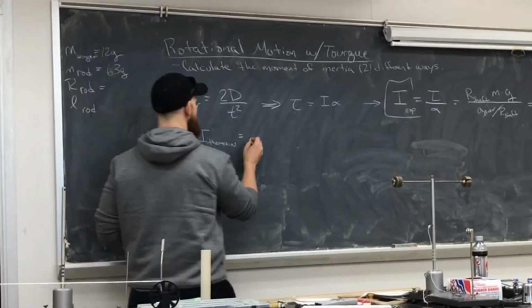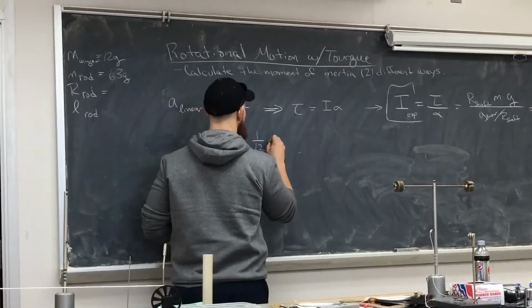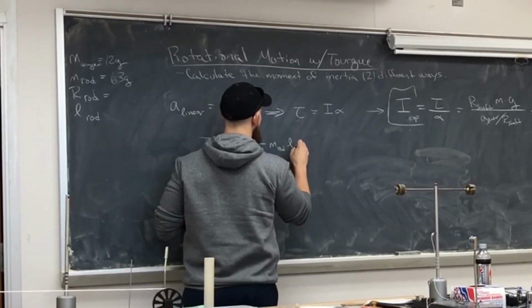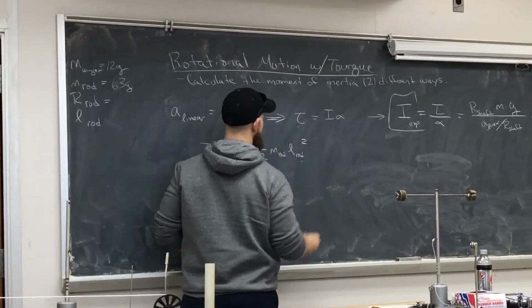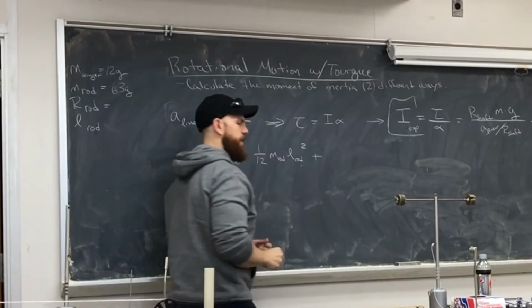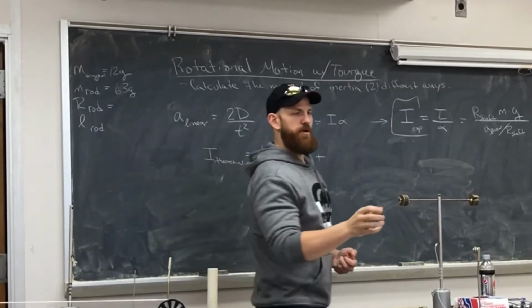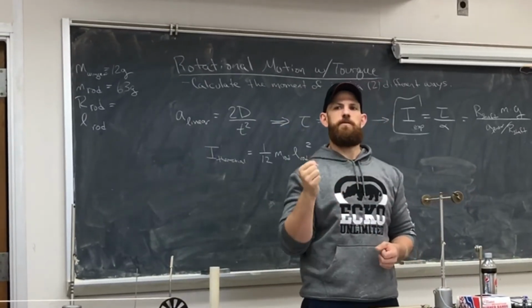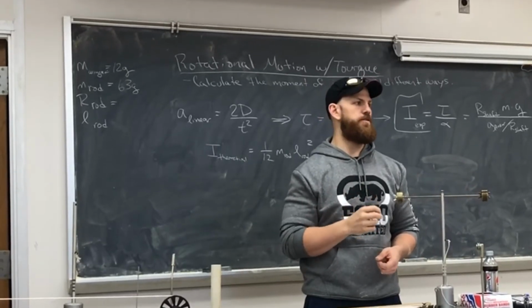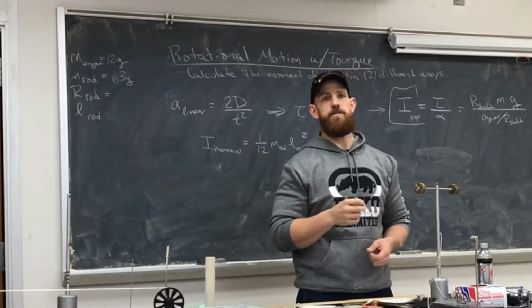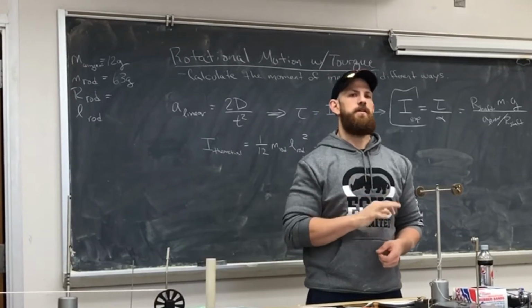The first contribution, for a rod, is 1/12 m_rod L_rod squared. The second contribution, a point mass spinning around a central point, has a moment of inertia of m r squared. The units are gram meters squared, no per second.